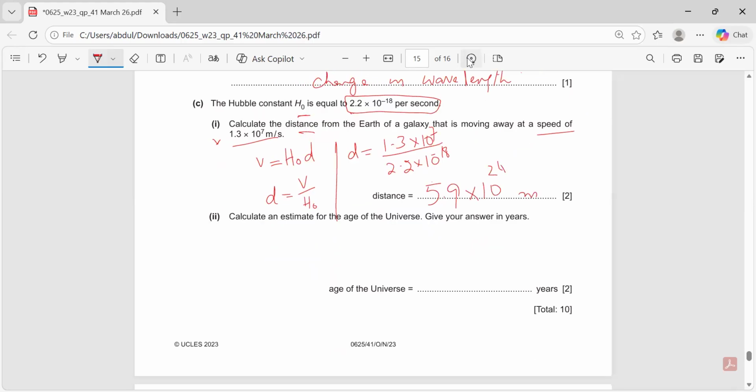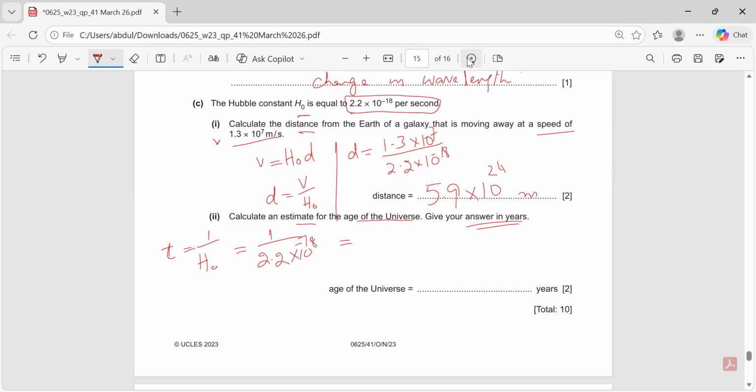Now, calculate an estimate for the age of the universe. Give your answer in years. No problem. Age of the universe, that is the reciprocal of Hubble's constant, T is equal to 1 over h naught. Only 2 marks. Write the formula for 1 mark and then 1 over 2.2 times 10 raised to power minus 18.